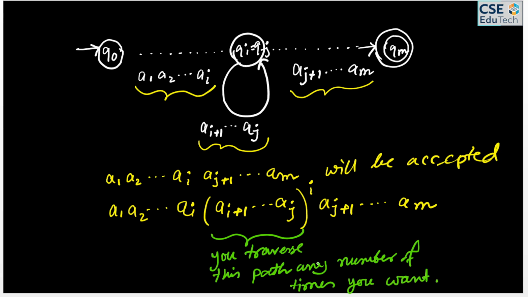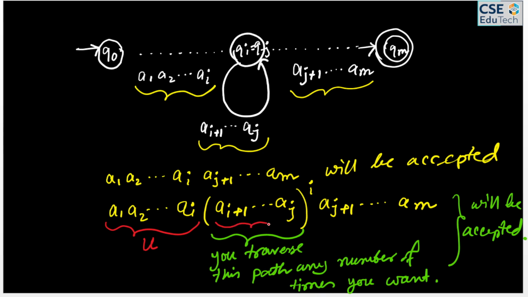So this will also be accepted by this automata. Right? So now we can say that this part we consider is u, this part we consider is v, and this part we consider is w.